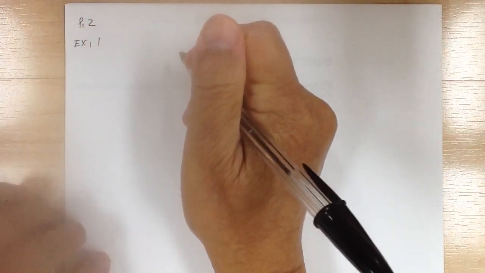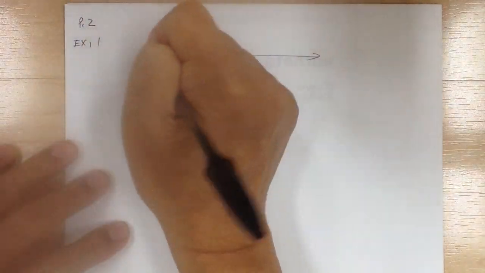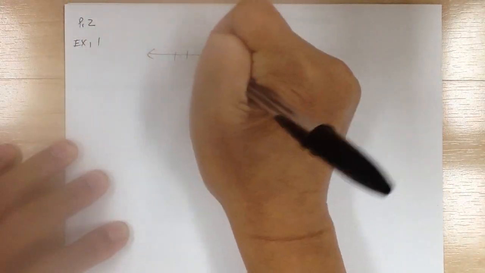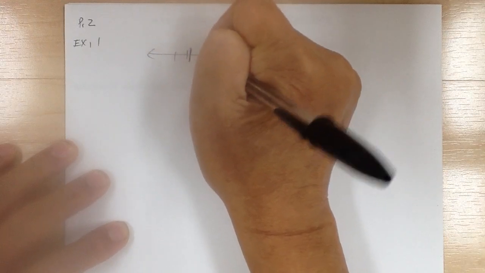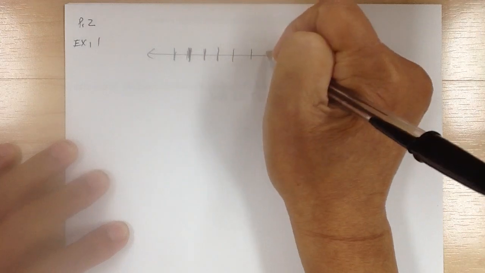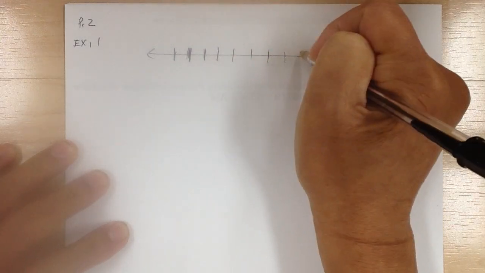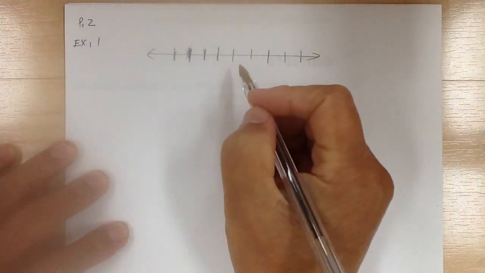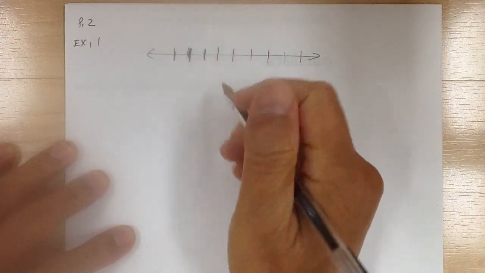Okay, so next let's go to example 1 on page 2. You have this number line over here. When you're doing a number line, make sure that the points are equally spaced and the increments are the same. You can go by 2s, you can go by 5s, but make sure they are the same. So don't just go random.